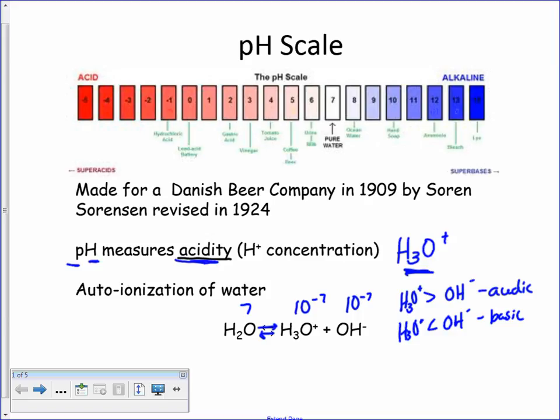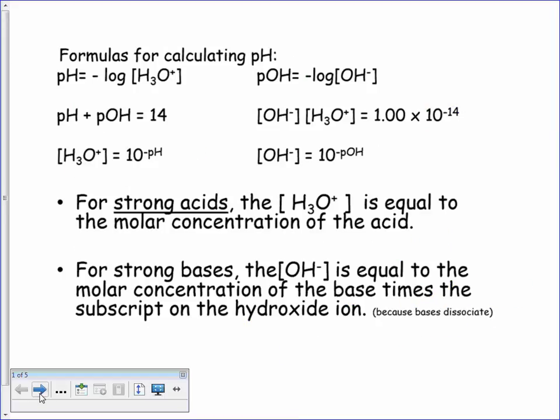And then to both of those, you can compare them to this 1 times 10 to the negative 7. If the hydronium concentration is greater than 1 times 10 to the negative 7, then you know that's going to be an acid because pH of 7 has hydronium concentration 10 to the negative 7. So there's a few ways of determining if something is acidic or alkaline without actually using the pH calculation.